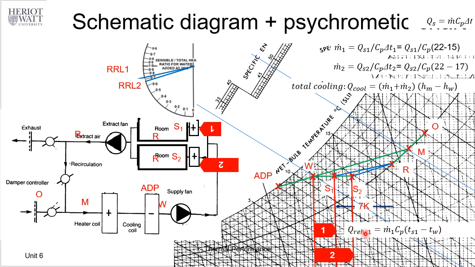So this will be the sensible heat load at this reheater. Similarly, the mass flow rate going to room zone 2 is multiplied by specific heat and then the temperature difference between S2 minus TW. So through this, we calculate all the system loads.